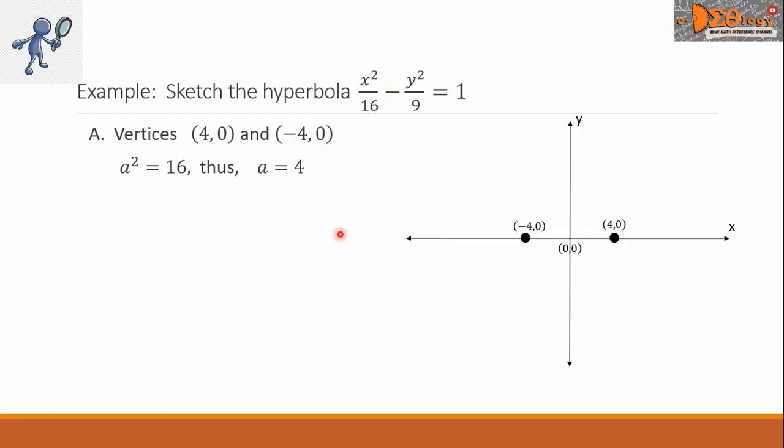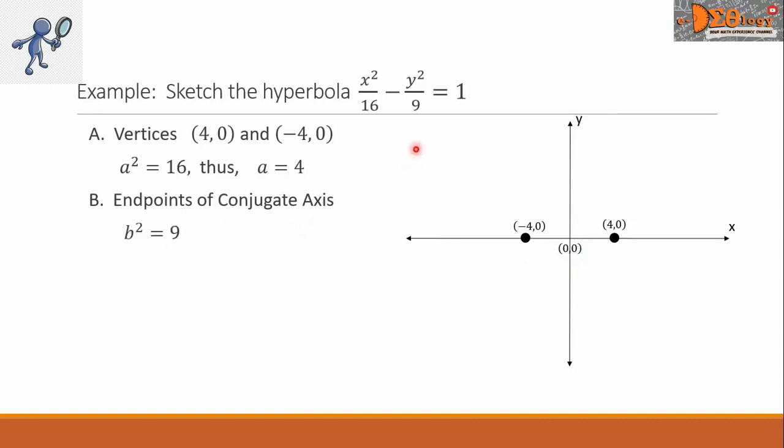Let us now plot the points. Here is our x and y axis. The origin is here, where the center is also. Here are the points (4, 0) and (-4, 0) respectively. These are the vertices. Next are the endpoints of the conjugate axis.